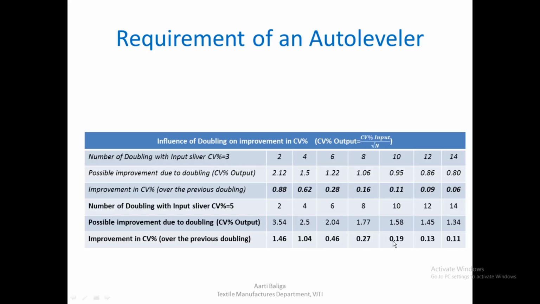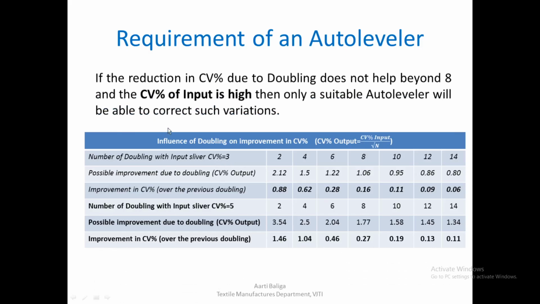For 5 also we see the same thing, but if the CV of the input is already high, then doubling cannot help much in the reduction.